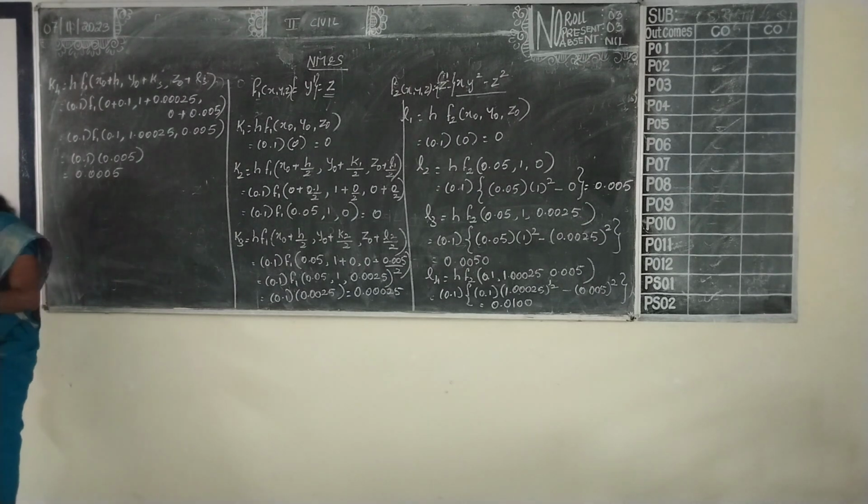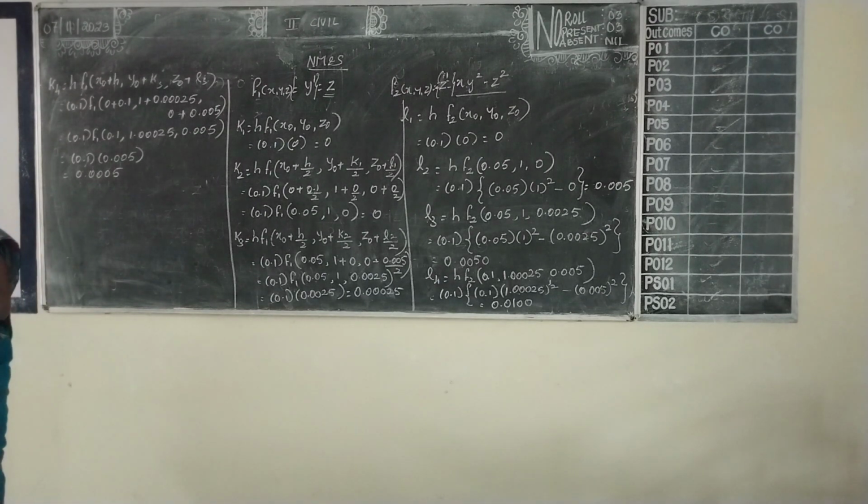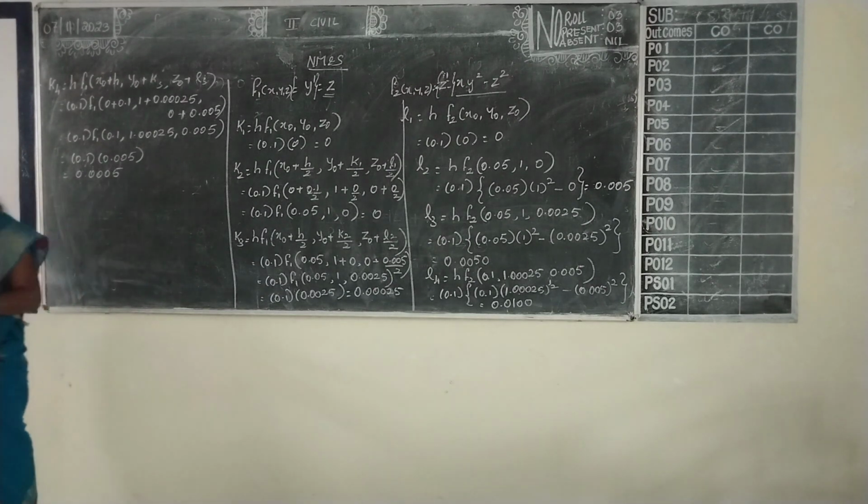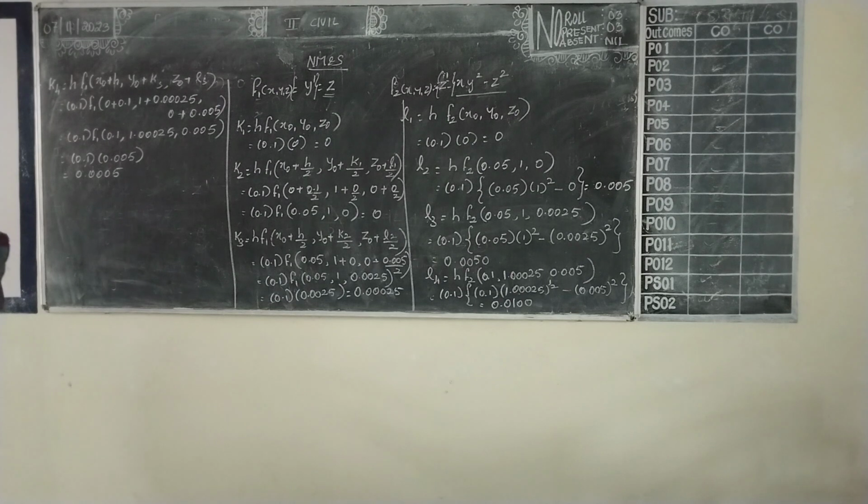So you got all the K values as well as all the L values. What is the next one you have to find? You find y. How will you find y? You have got all the k values and l values now. You need to find del y. You need not find del z now, because here you are supposed to find only the y value.